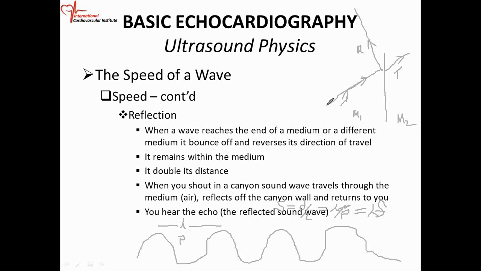So when the incident wave, say a sound wave or a light wave, but we're talking about sound, travels through here and strikes a tissue, heart tissue, whatever, a portion is going to be reflected backwards, and a portion is going to go through the heart tissue. It's going to continue to travel through the heart tissue. So all waves are going to observe this principle.